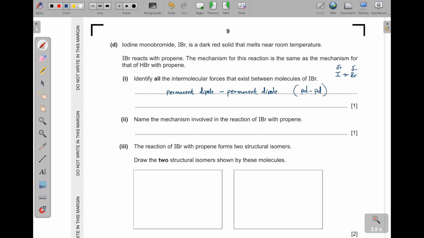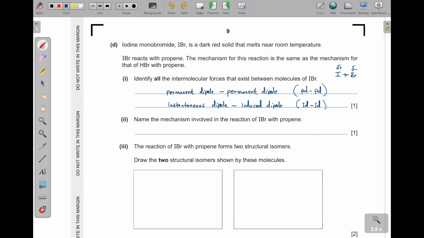And then the other one, because this one is molecular, it's a molecule, so we have instantaneous dipole induced dipole. That is what we call ID-ID forces. These are the ones in between the molecules. Okay, so that is that.